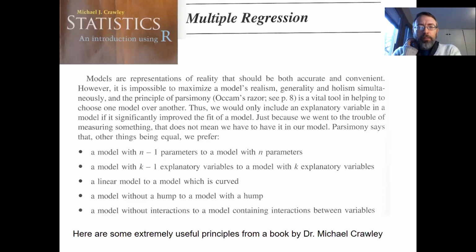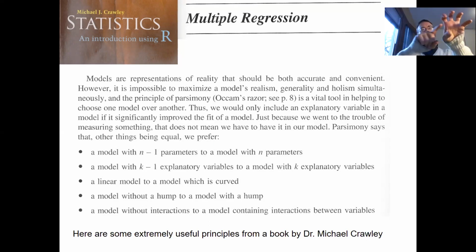Okay, so it's a vital tool in choosing one model over another. And here are the things. Other things being equal, a model with n minus 1 parameters is superior to a model with n parameters. In other words, fewer parameters, better. A model with k minus 1 explanatory variables is superior to a model with k explanatory variables.